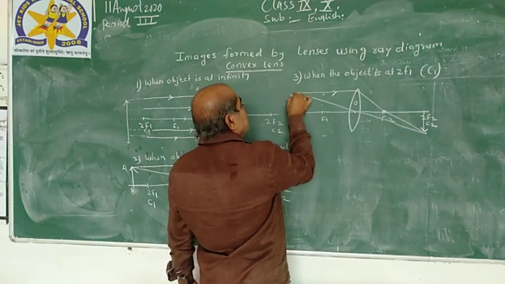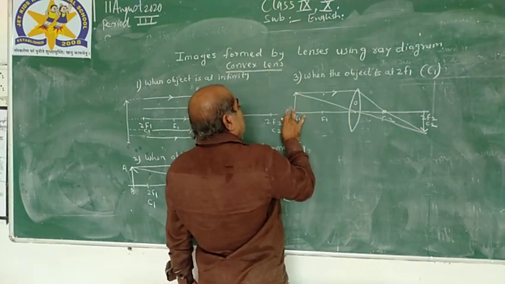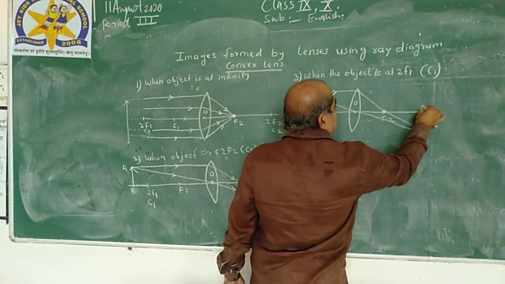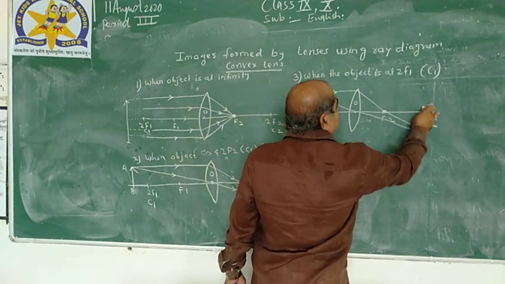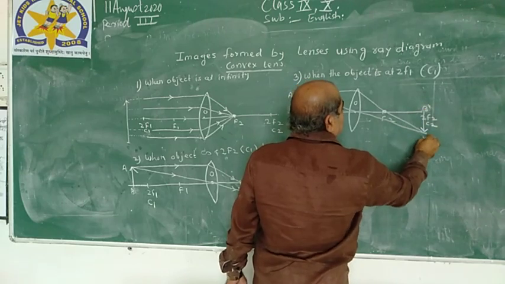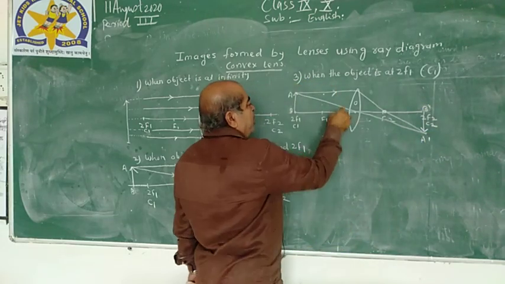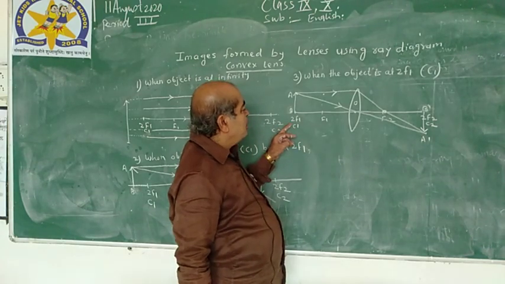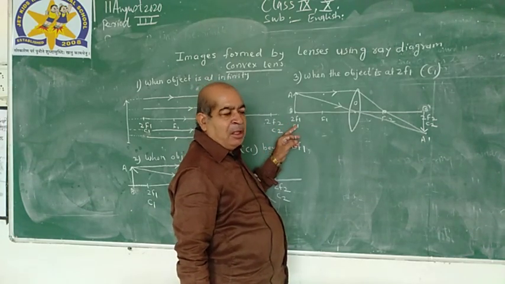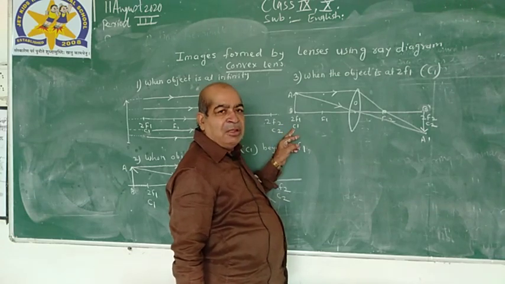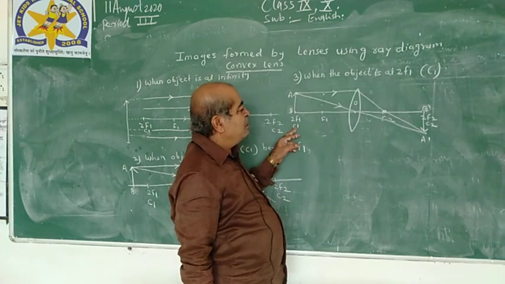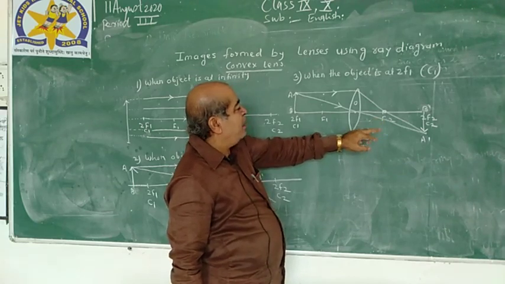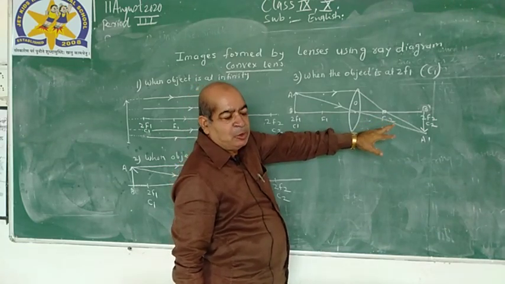AB is the object, and A dash B dash is the image. So when the object is at twice F1, at the center of curvature C1, the image is formed at twice F2.